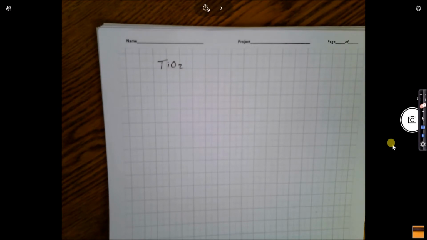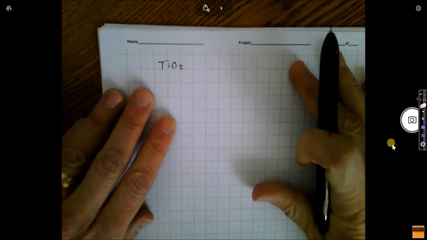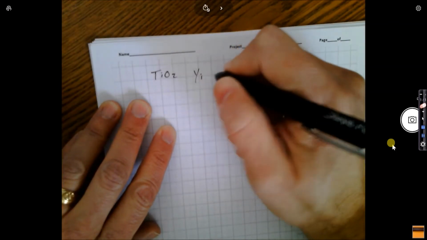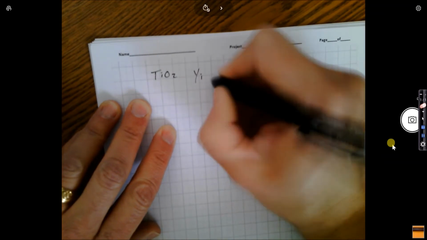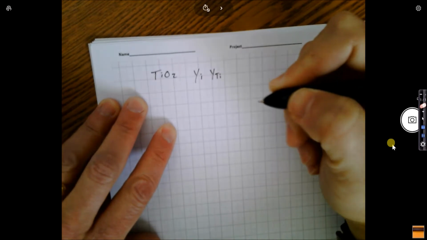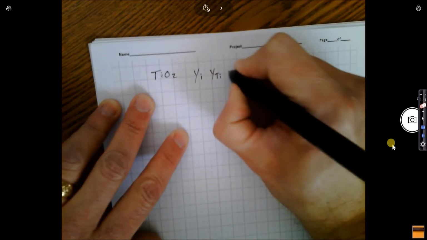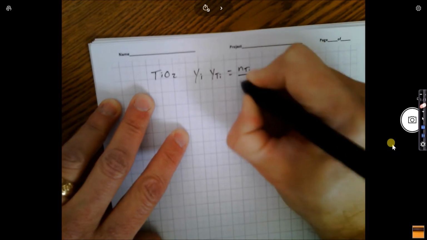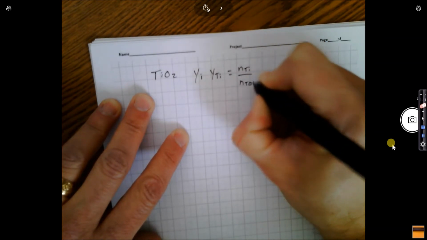Okay, so we're taking a look at titanium dioxide, and we want to know the mole fraction of titanium in titanium dioxide. So more precisely, the mole fraction of titanium, YTi. And so that equals the number of moles of titanium divided by number of moles total.